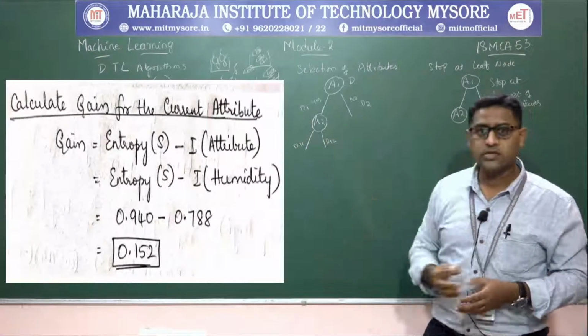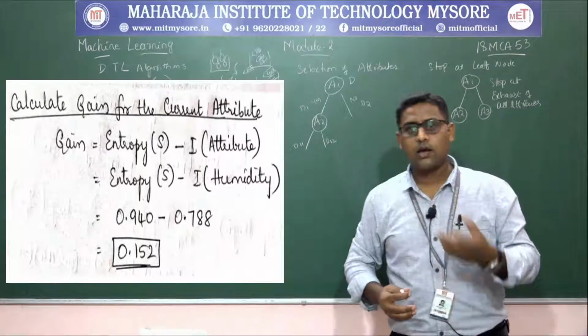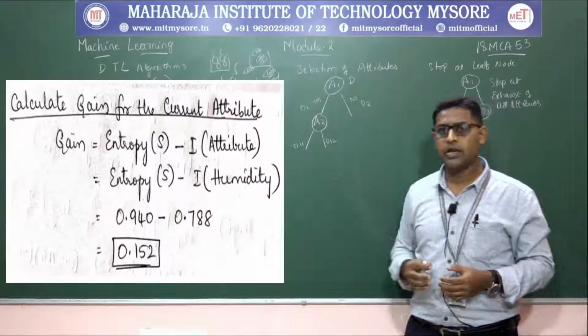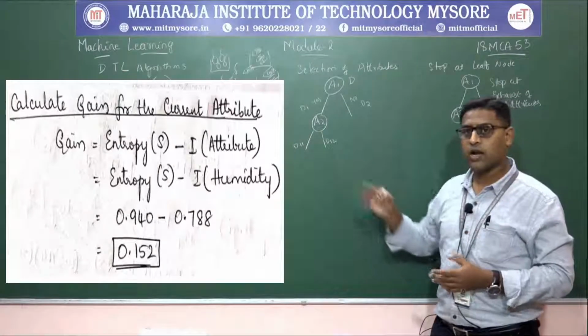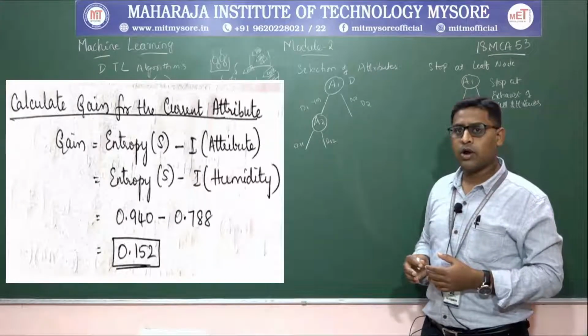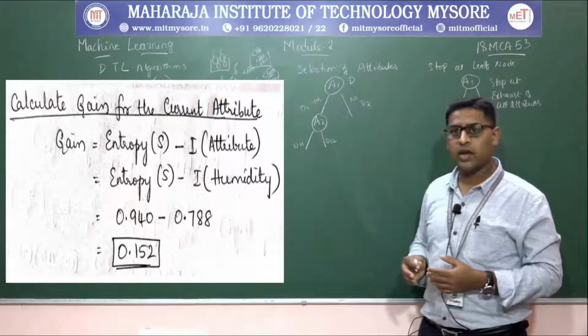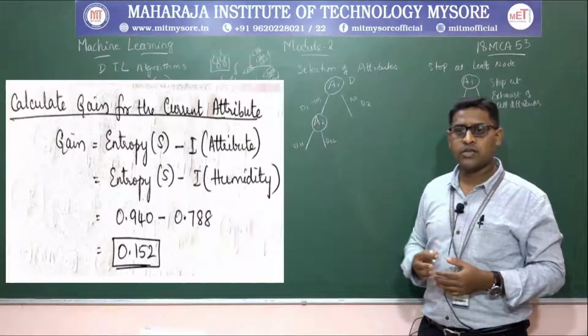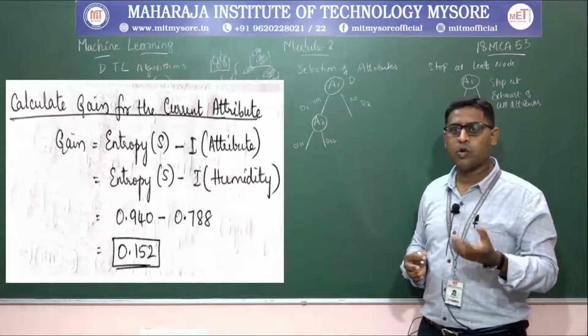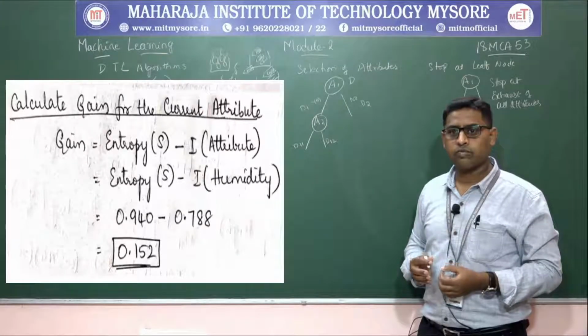Next we calculate the gain for the current attribute. Gain for humidity, applying the same formula and substituting 0.940 and 0.788, results in the gain value of 0.152.